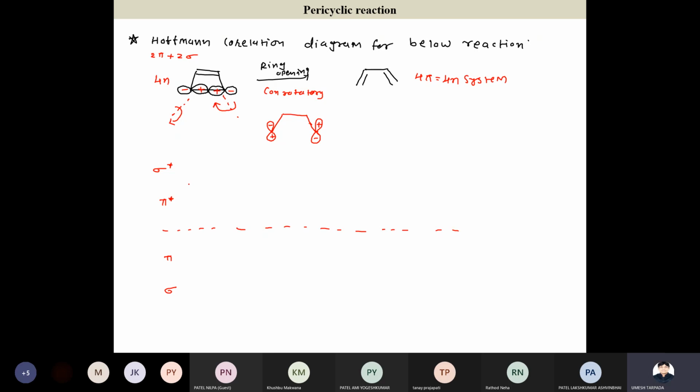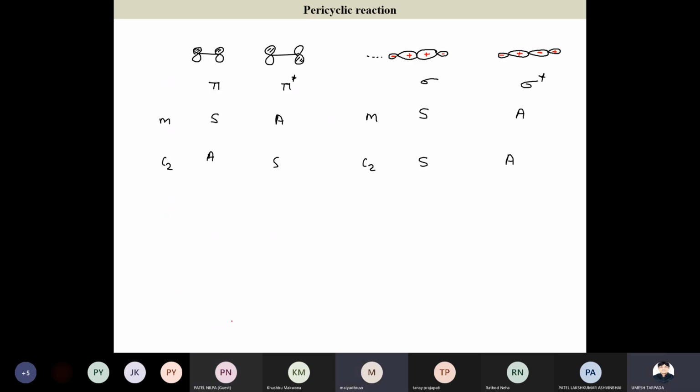So which symmetry element should we take? C2 axis. Look at here.